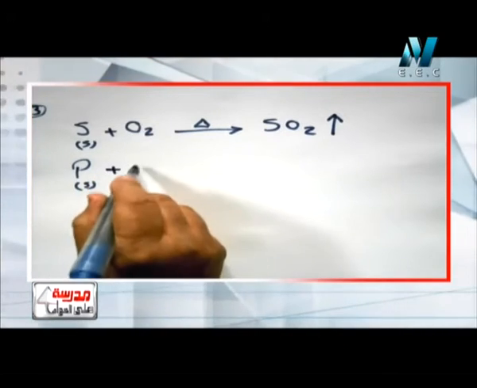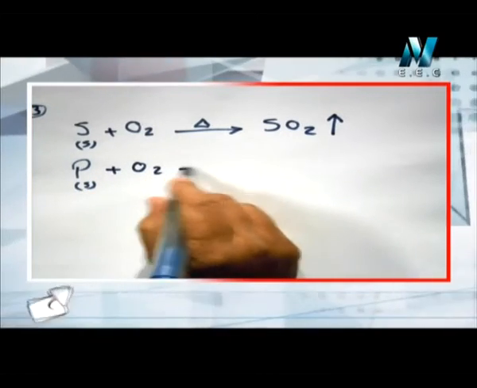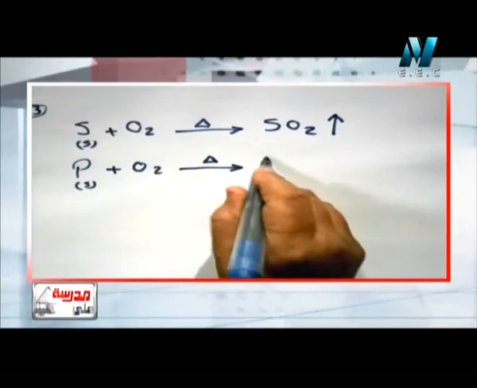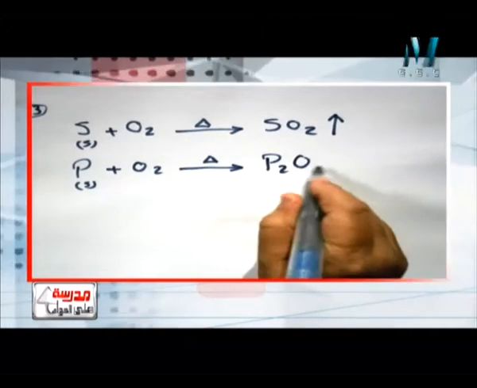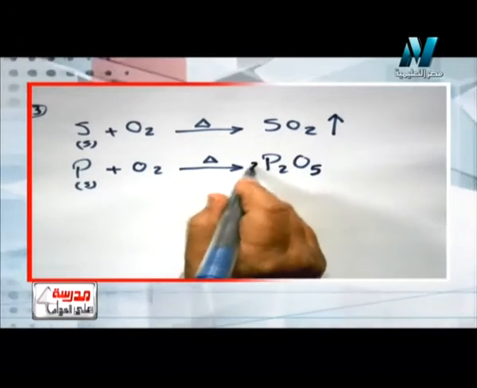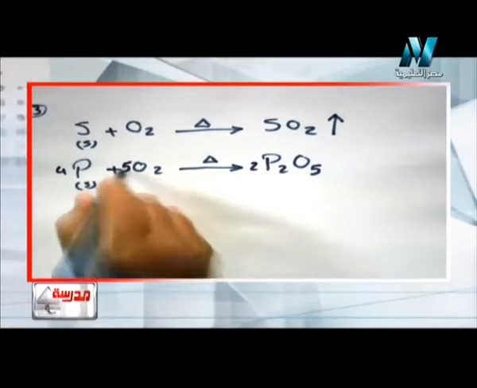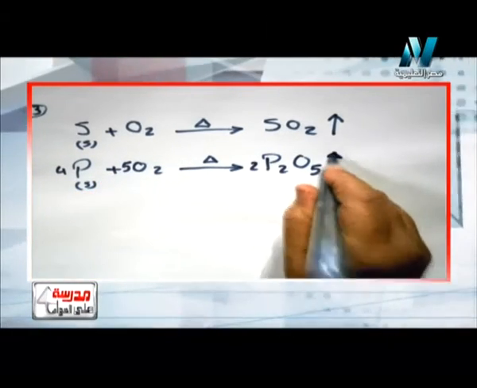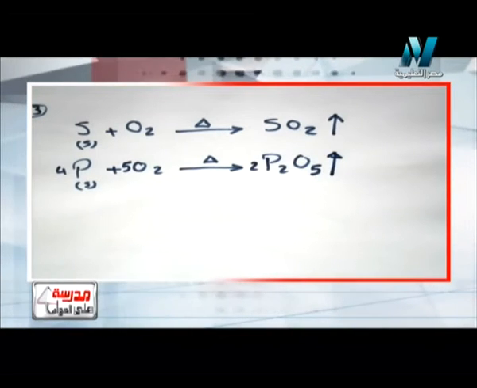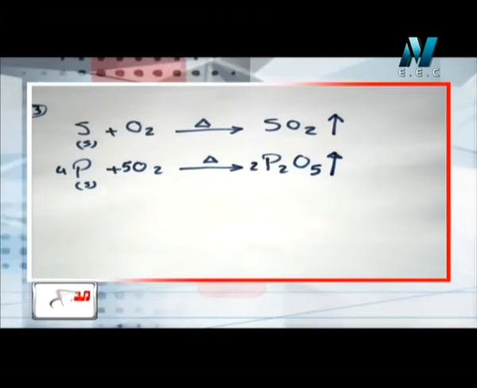Also phosphorus, by strongly heating, reacts with oxygen to form phosphorus pentoxide, P4O10 or 2P2O5, which can also be evolved. So we get rid of this impurity.